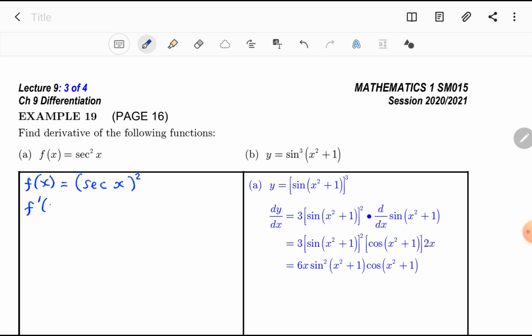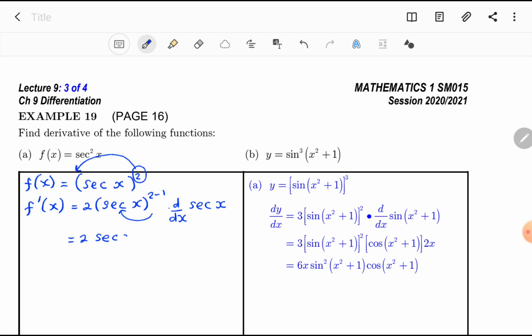So f prime x equals, okay, first we bring down the power, so we have 2 times, we copy the function sec x and reduce the power by 1. Next, multiply with derivative of the function itself, the Trigo function itself. So differentiate sec x.